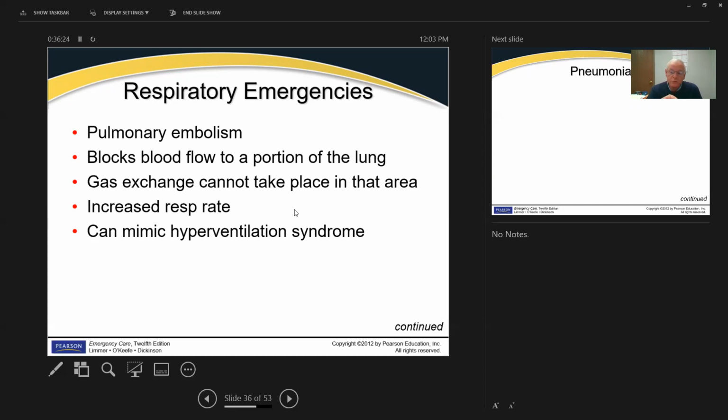Why? Because they take birth control pills. And birth control pills sometimes can cause pulmonary embolism. So now we've got this 21-year-old that's breathing fast, and we think it's hyperventilation syndrome, and put a paper bag over her face, and when she's actually having a pulmonary embolism, she needs oxygen. Okay, so no paper bags over the face of people anymore.